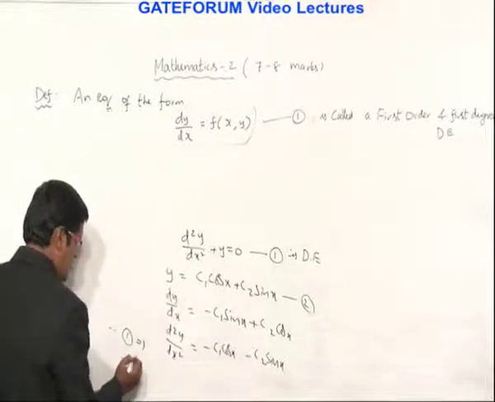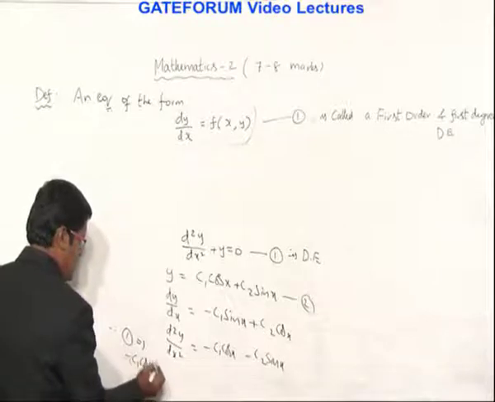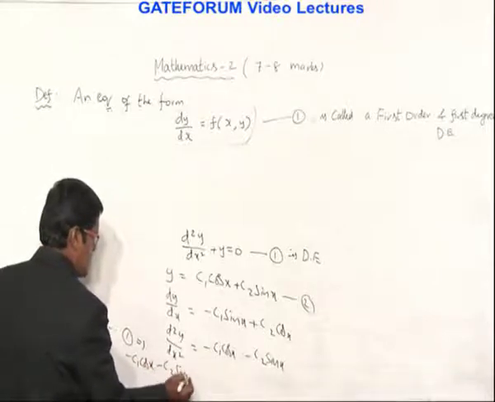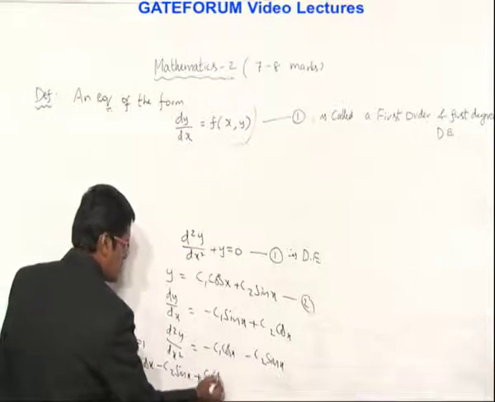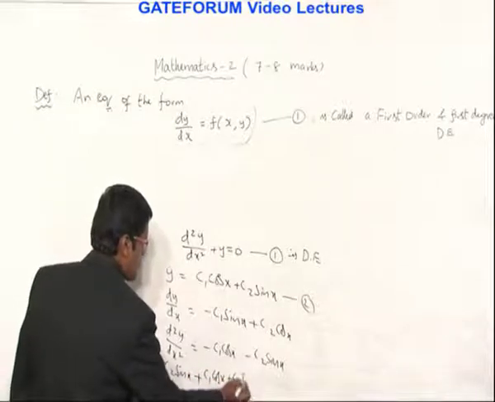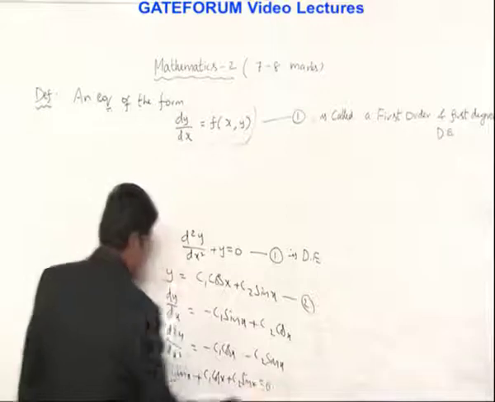This gives minus c1 cos x minus c2 sin x plus y, where y is c1 cos x plus c2 sin x, equal to 0.